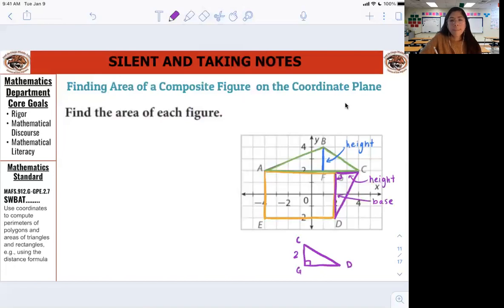All right. So what I want us to do first is go look at every shape and figure out, do we need the distance formula for any of them? Look through it. Is there anywhere where we actually would need the distance formula, or can you pretty much count everything?